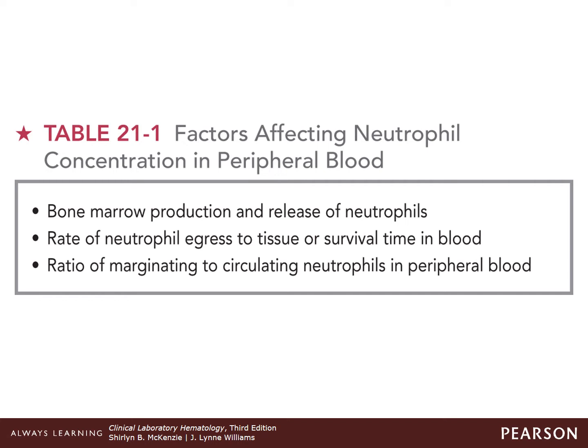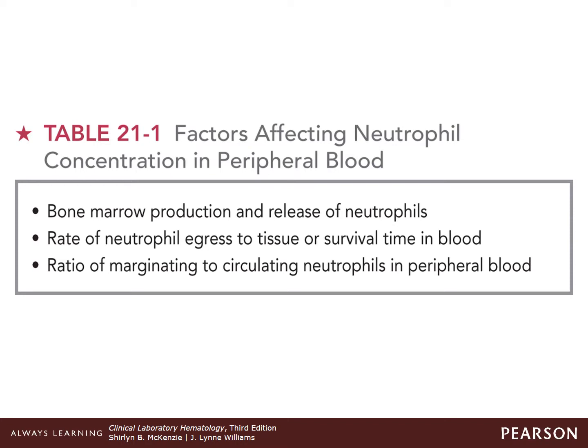Now let's talk about the factors affecting the neutrophil concentration, since it is the most abundant of the white cells that would usually cause an increase or decrease in your overall white blood cell count. So some of those factors include the bone marrow production, because we know all of the hematological cells are produced in the bone marrow.